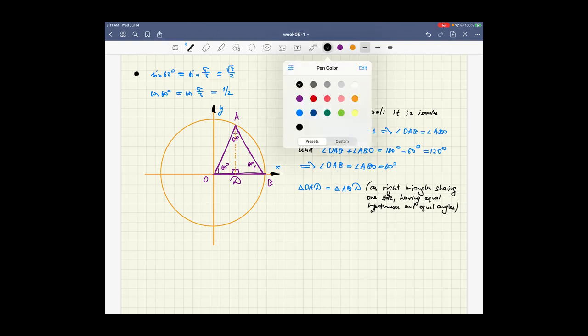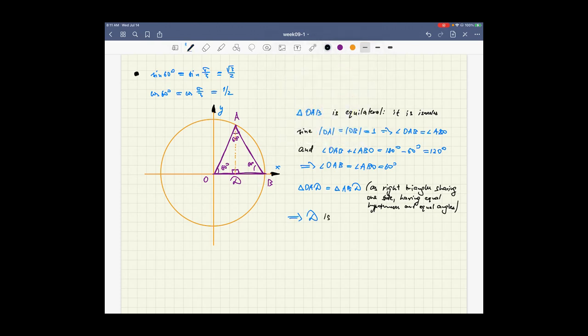The fact that these two triangles are equal implies that D is the midpoint of the segment OB, and that essentially ends the story because since OB is 1, OD is half of that, 1/2.